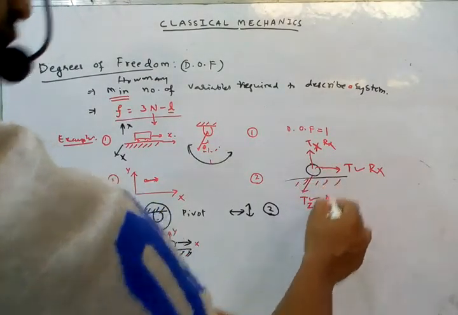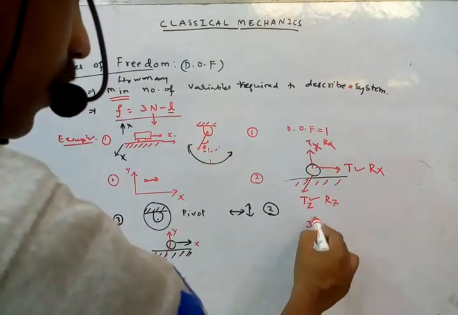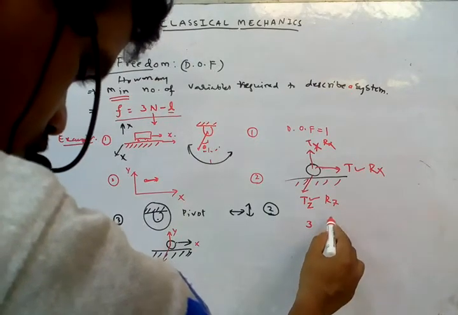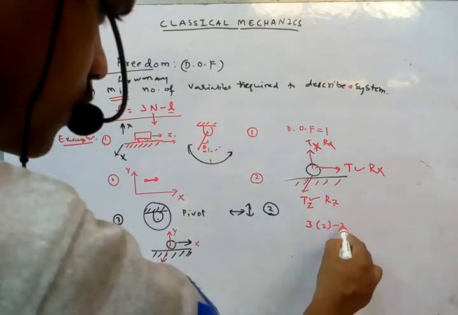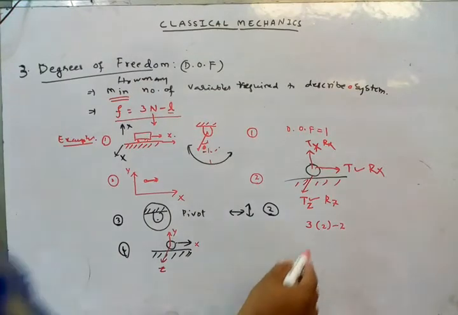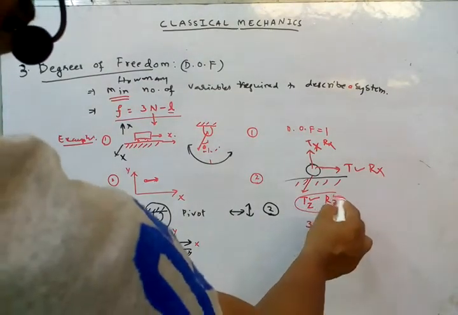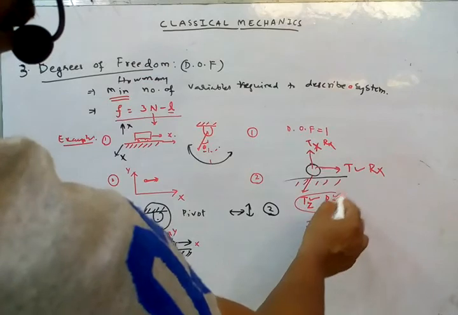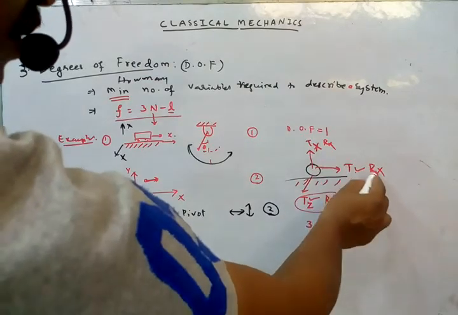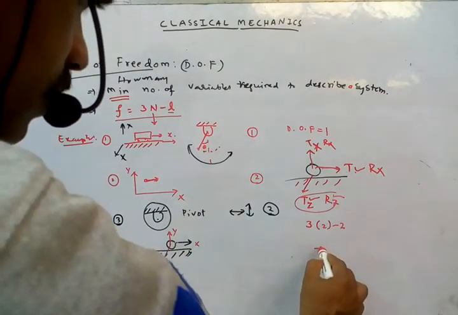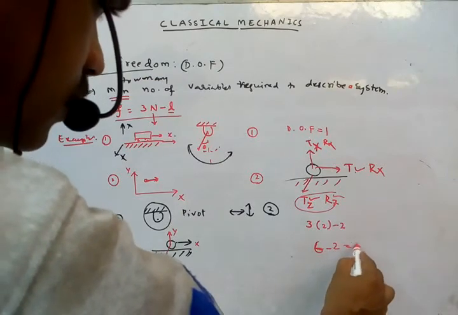It is moving like this, so 3 translations and 3 rotations, minus 2. Two are translations, rotation is there, and in y, translation is there but rotation is not. So finally the degrees of freedom is 6 minus 2, that is equal to 4.